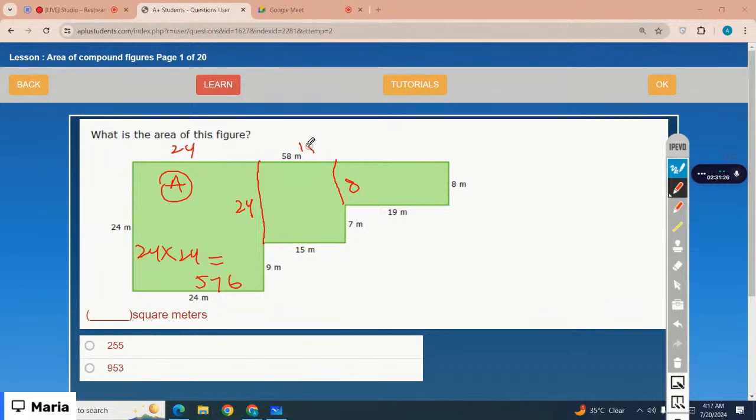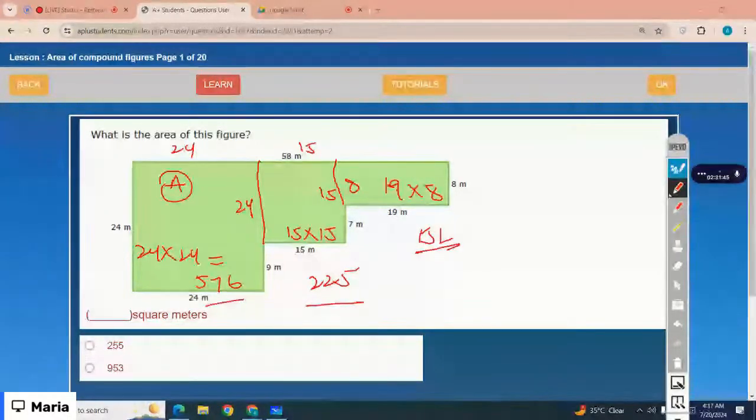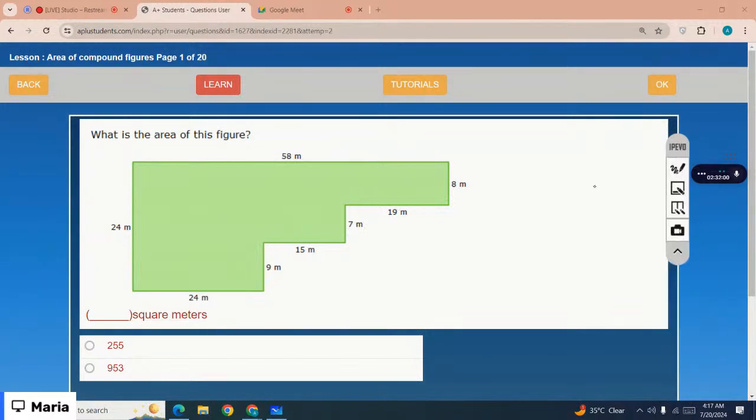That is again a square. So 15 times 15 is 225. 19 times 8 is 152. Just add these three. 576 plus 225 plus 152, that is 953. So the area of this figure is 953, right? The correct option is option number 2. Got it?